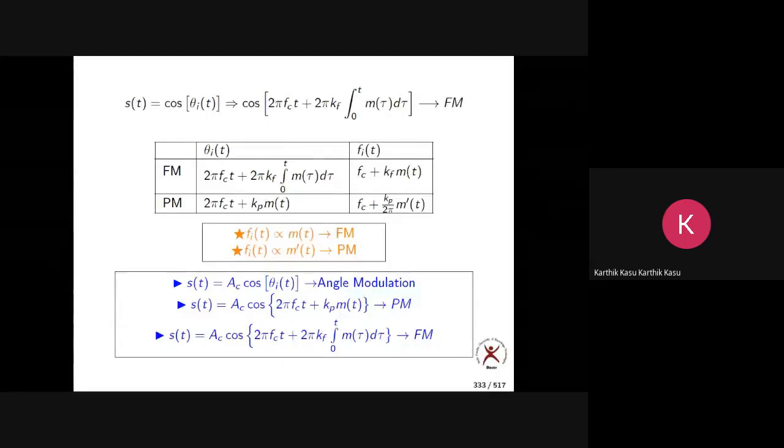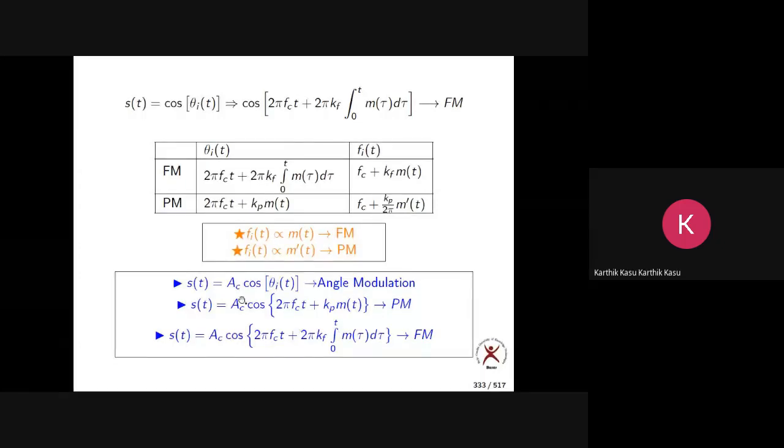So this is about angle modulation: frequency modulation and phase modulation. If you observe these two very carefully, they differ only in one concept. What is that? Here we have m of t, here we have the integration of m of t. That's it. Apart from that, there is not much difference.